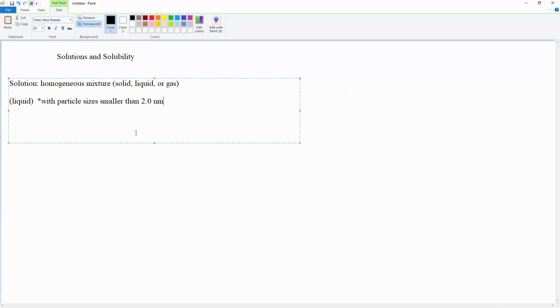So something with particle sizes larger than 2 nanometers would be a colloid or a suspension. In a suspension, those larger particles are suspended and then they'll fall out. Like if you put dirt in a jar and mix it up, it would stay suspended for a little while and be cloudy. That'd be a suspension. A colloidal suspension is one that stays suspended, and milk is a good example of a colloid.